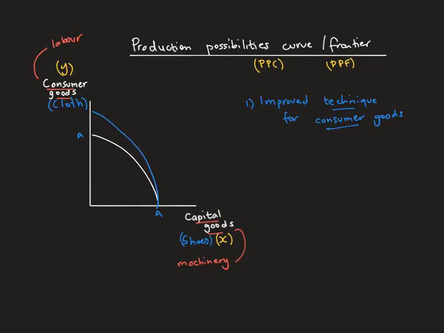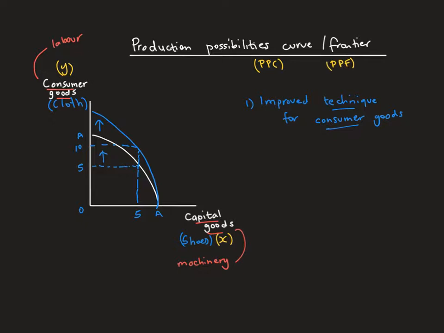Again, using numerics, let's try and understand this. Let's say we're producing 5 units of each product, and now we get new technology for producing cloth. So what happens is now we're on a higher PPC curve, meaning we can produce a lot more cloth. Let's say there's an increase in cloth production from 5 units to 10 units.